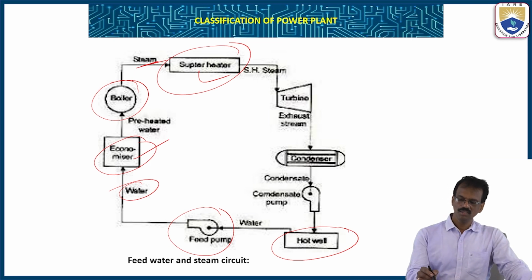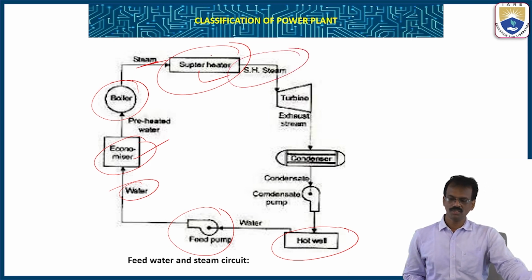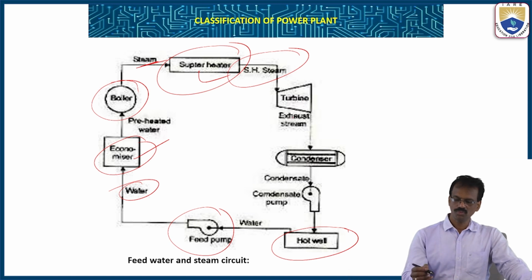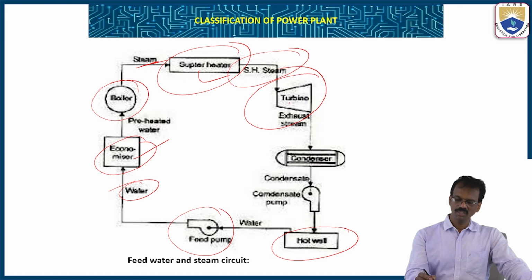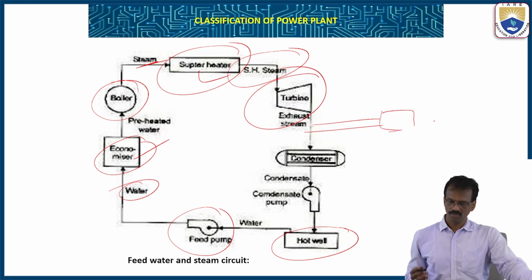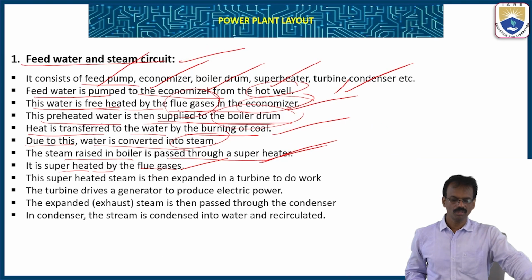The saturated steam is then expanded in the turbine, and because of this steam expansion, the turbine will automatically rotate. This heat energy is converted into mechanical energy. Then this turbine is connected to the generator. The generator will develop the power, electrical power. So we know this functioning.